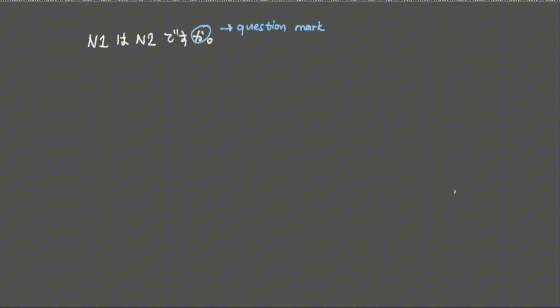For example, we had here Peking wa samui desu ka? Again, wa marks the topic, and this is the predicate, and then we add here the question mark.